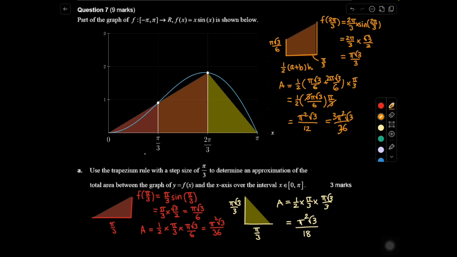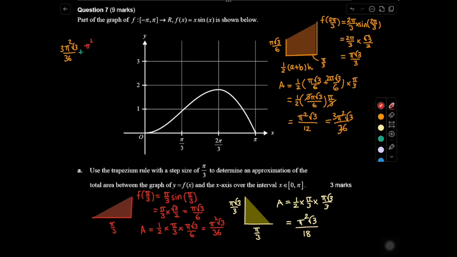So now by adding these up, this is what we get. And then we plus the other area. And then finally we add our last area.